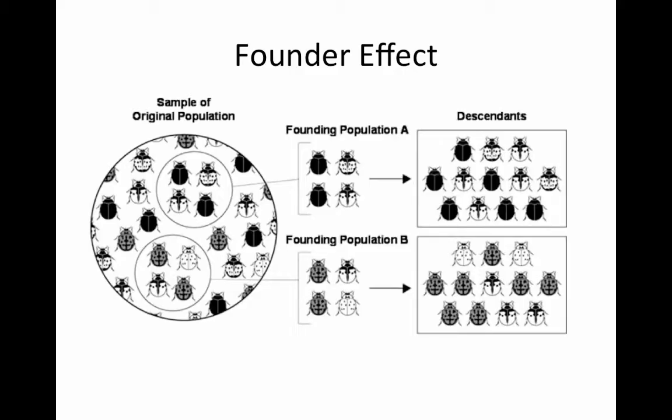And if you take that small population and move it to a different area, let's say you crash on a desert island and nobody's going to get you, so you do the old Lord of the Flies thing and set up your own population. Your population is not going to look entirely like the original population because you started with so few people.